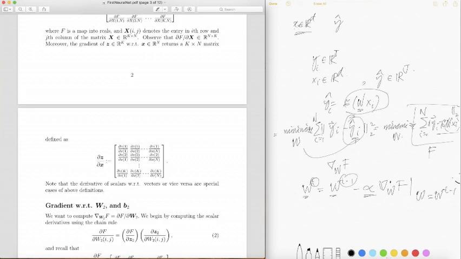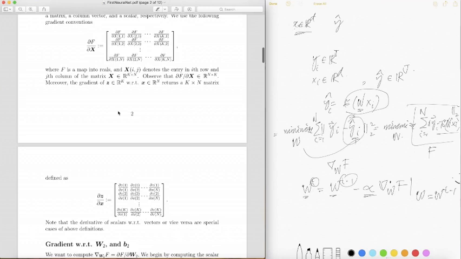Right, so let's see which is k by n, which is the dimension of z divided by the dimension of, multiplied by the dimension of x. So I think we went over it.